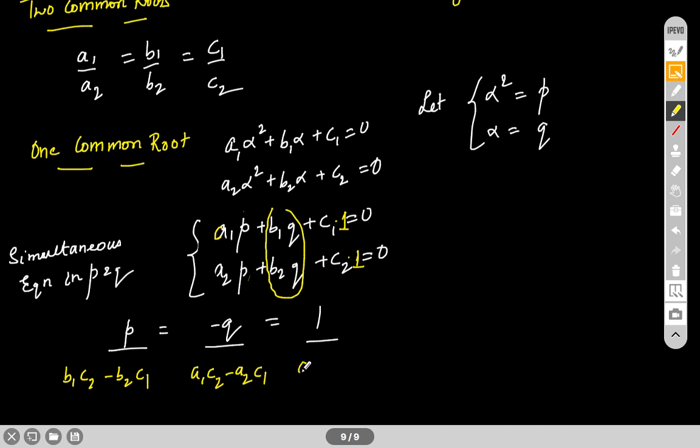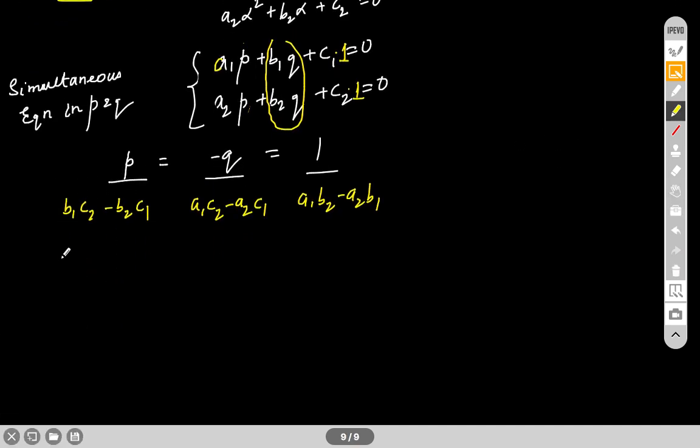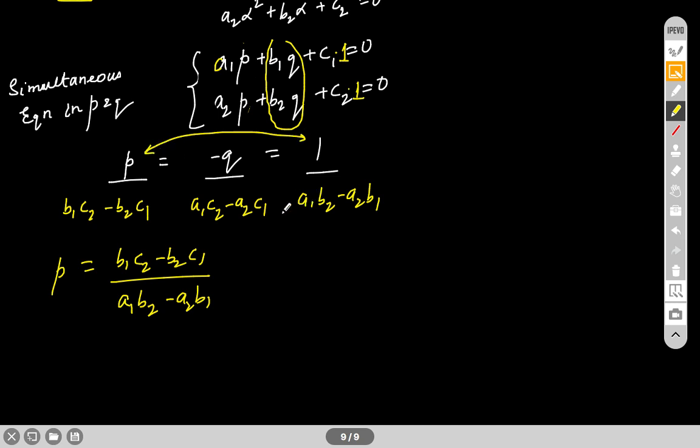Then we have A1 B2 minus A2 B1. So from here we get the P value as B1 C2 minus B2 C1 by A1 B2 minus A2 B1. By comparing these two, you get Q as A2 C1 minus A1 C2 by A1 B2 minus A2 B1.